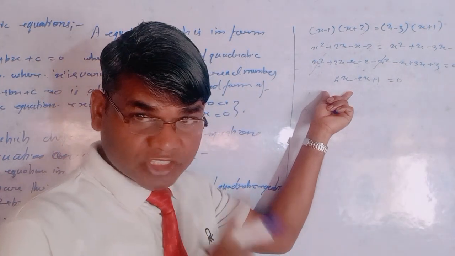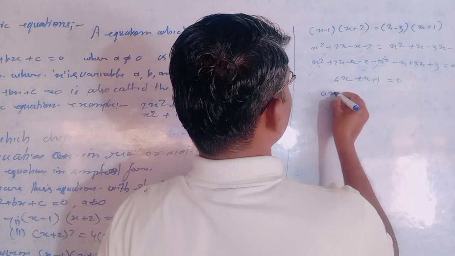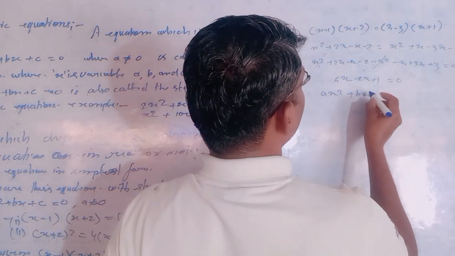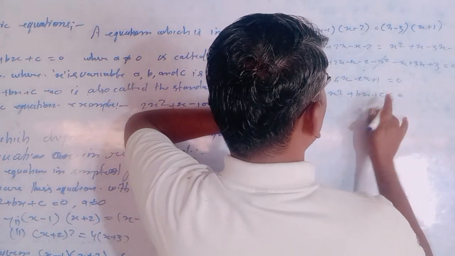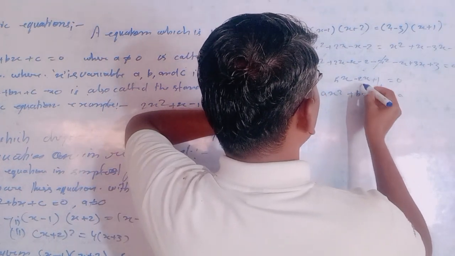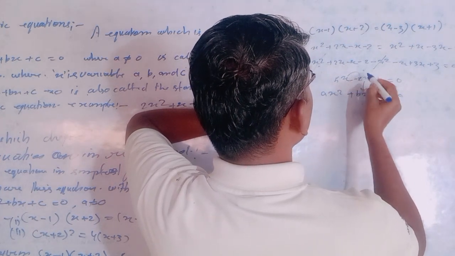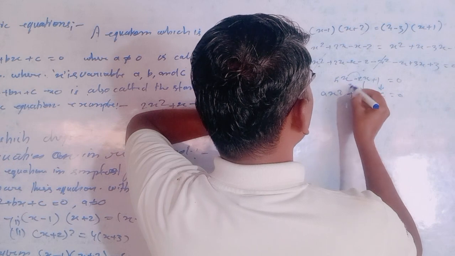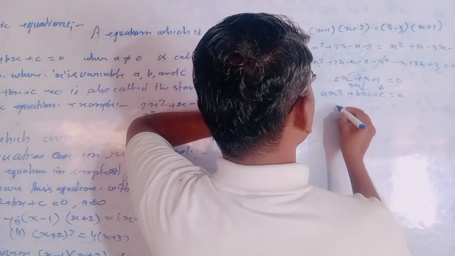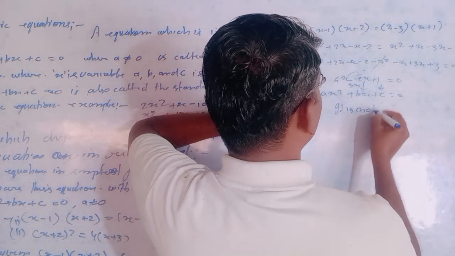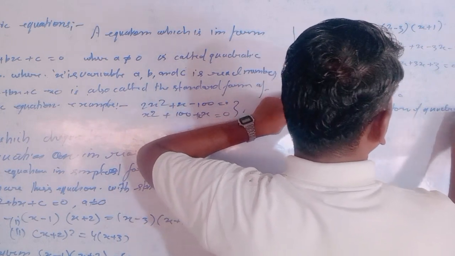Now compare this equation with the standard form of the quadratic equation, ax square plus bx plus c is equal to 0. Here c is 1, and b is the coefficient of x. There is no x square term, so it is not in the form of a quadratic.